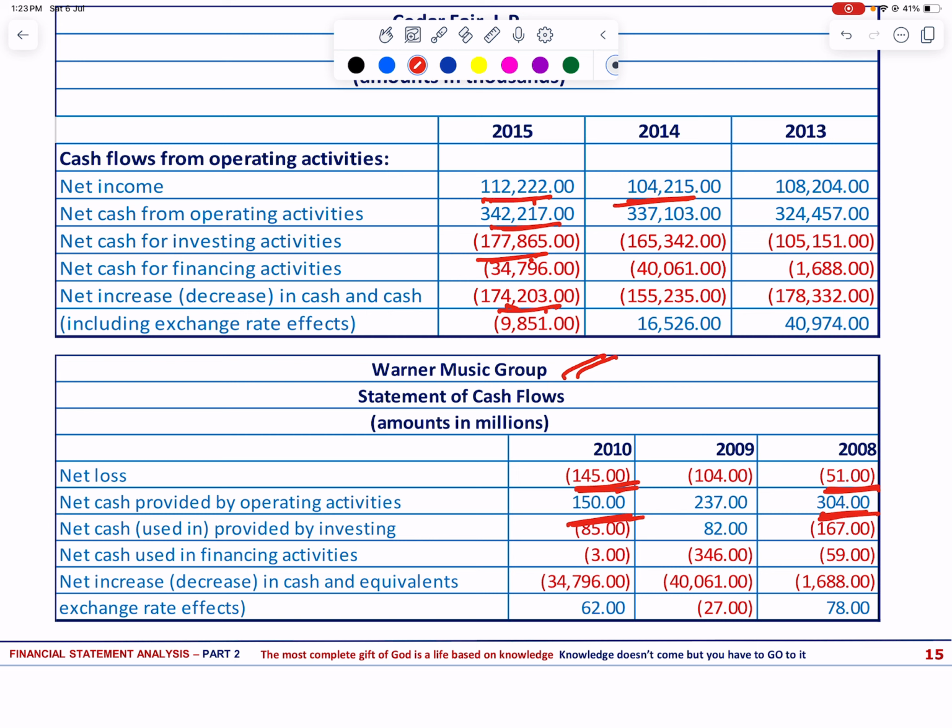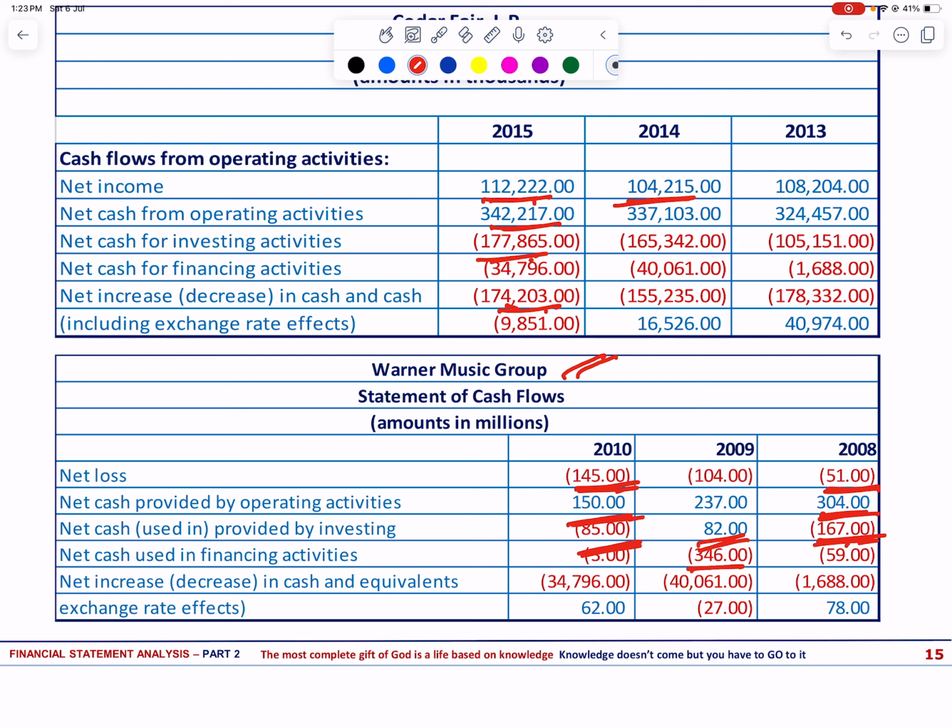Investing activities were volatile, showing a negative cash flow in the year 2008 and 2010 also, with a positive cash flow in the year 2009, maybe due to asset disposals. Now, negative cash flows from financing activities also, including a notable debt reduction in the year 2009.